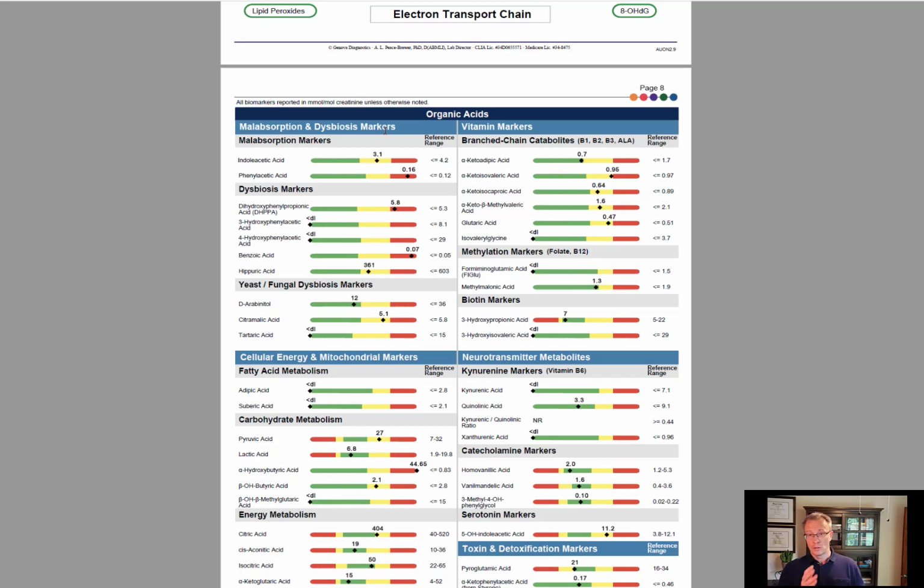So we want that activity to be as normal as possible. Based on the individual situation and the history that a patient tells me, I will decide whether we need to go further and look at stool tests so we can actually explore the bacteria in the gut, or look at other tests to figure out what else may be going on with the gut.